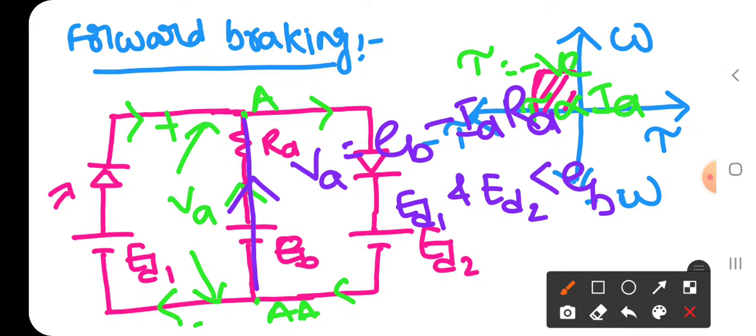This is regenerative braking. Let's write the next line. We can also use plugging for operation in the second quadrant.